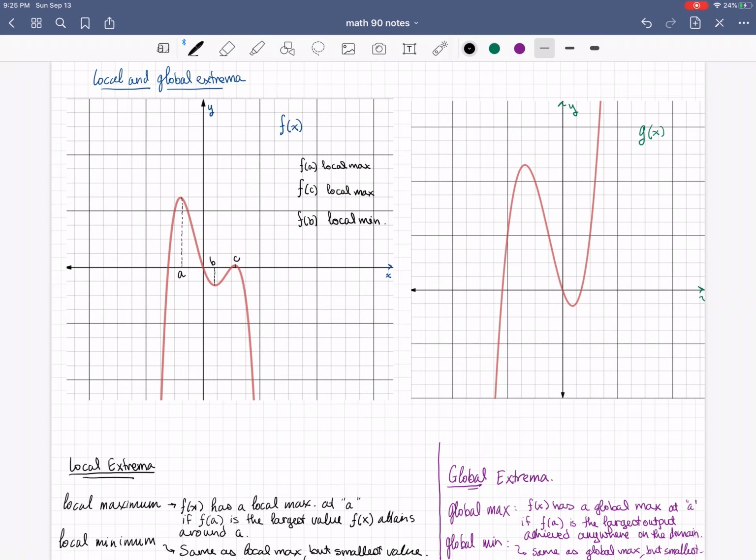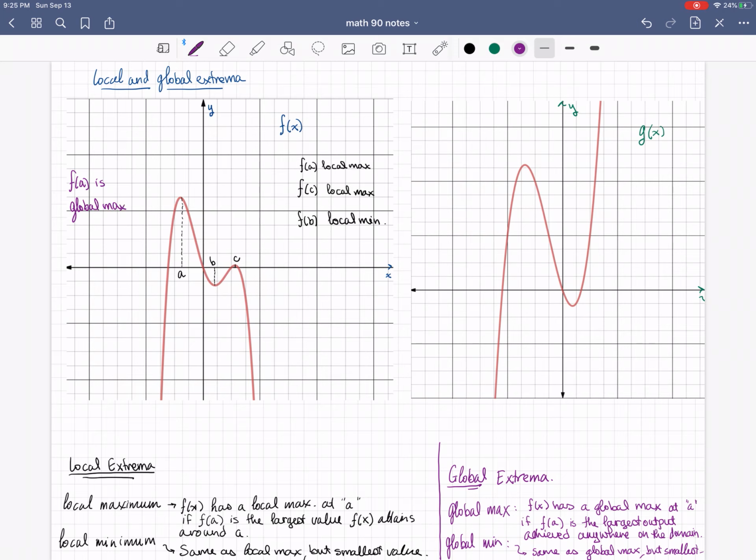Look at it visually from a holistic standpoint. In this case, yes, this point right here is the very highest point this graph ever achieves. Never do you see a point on the graph with a larger y-coordinate. So in fact, f of A is also the global max.